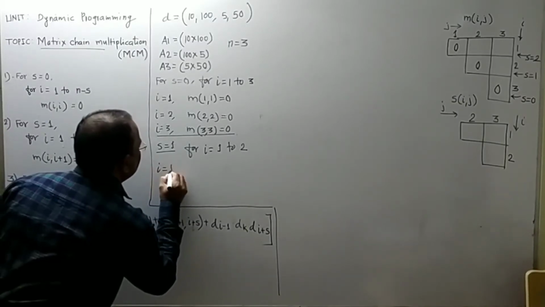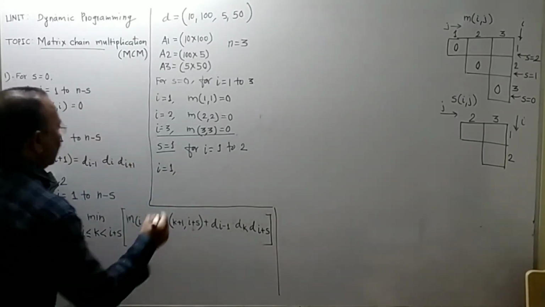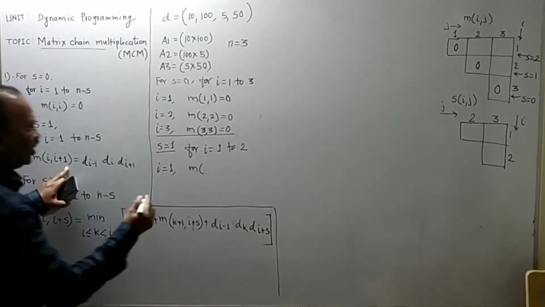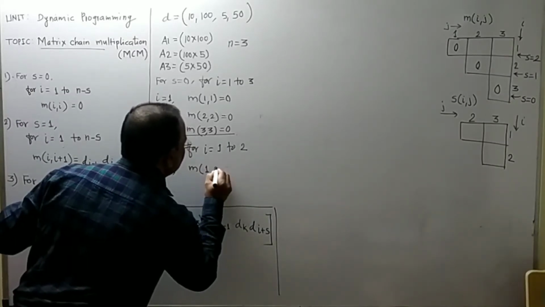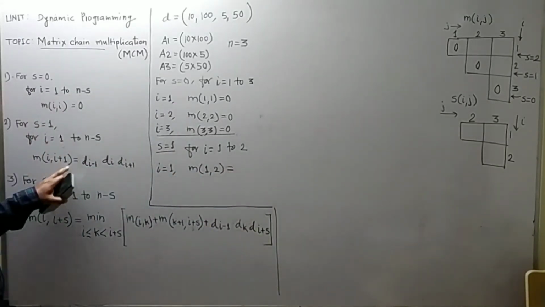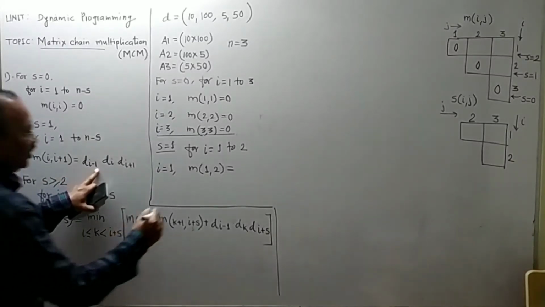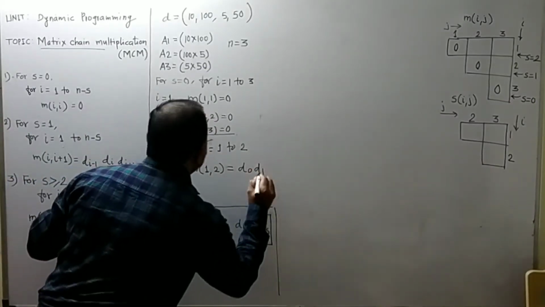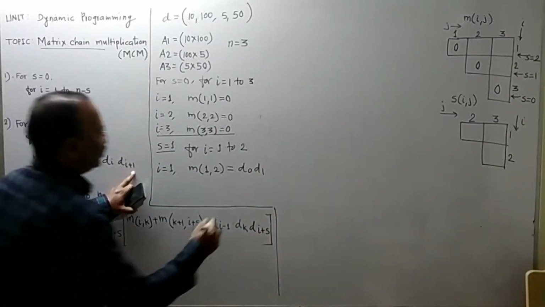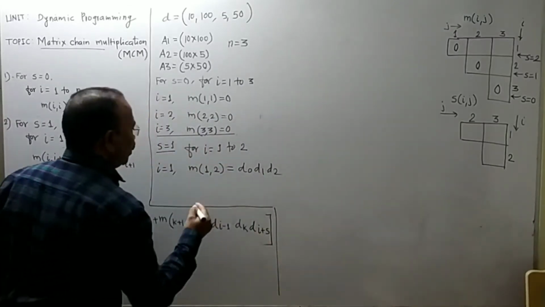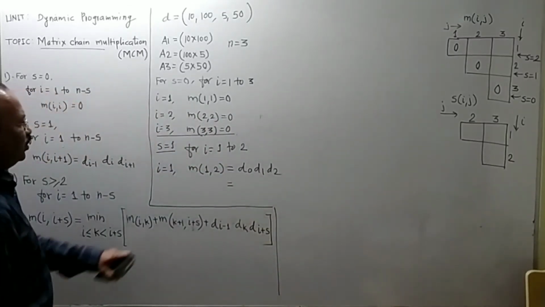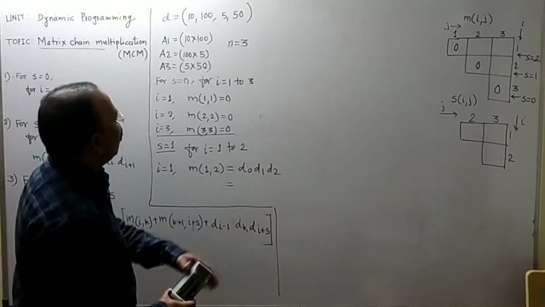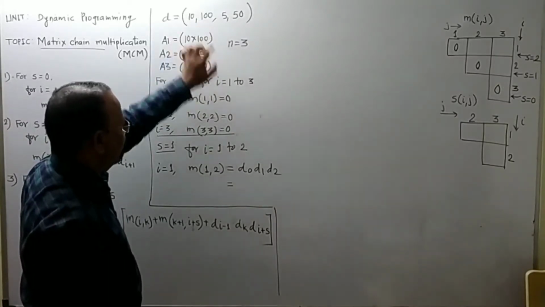For I is equal to 1, m of I comma I plus 1, means 1 comma 1 plus 1, that is 2, is equal to d of i minus 1, means d0, d of i means d1, then d of i plus 1 means d2. Put the values: you will get the values of d0, d1, d2, d3 from the dimension vector which is given as an input.